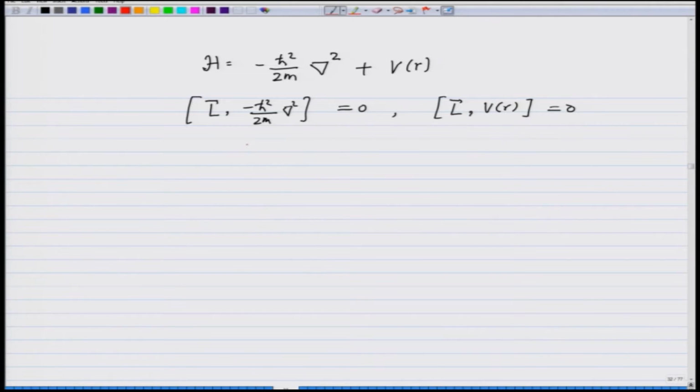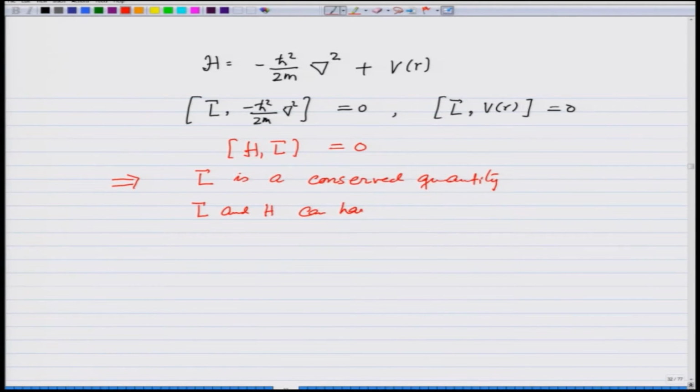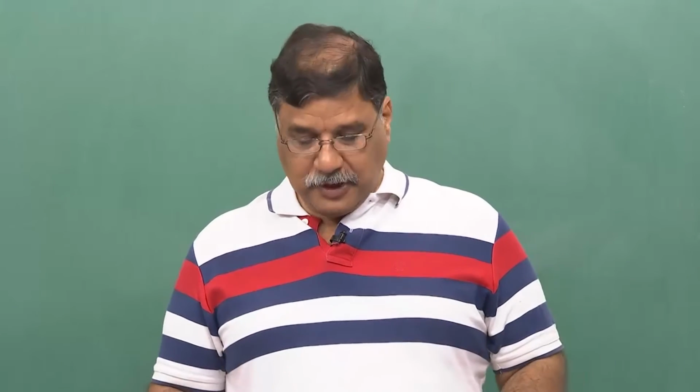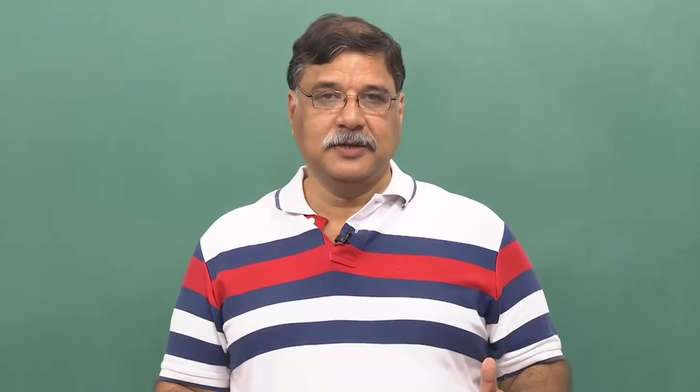So, we conclude that the commutator of H and L is 0, which implies that L is a conserved quantity, or L and H can have common eigenfunctions. I am not making a very definitive statement that they do, they can, because we will see in the next lecture that all functions cannot be made simultaneously eigenfunctions of Lx, Ly and Lz.